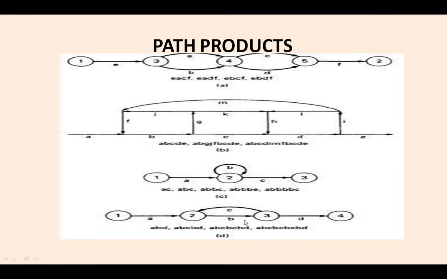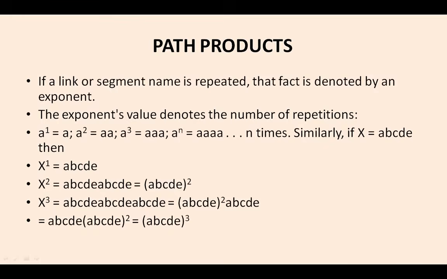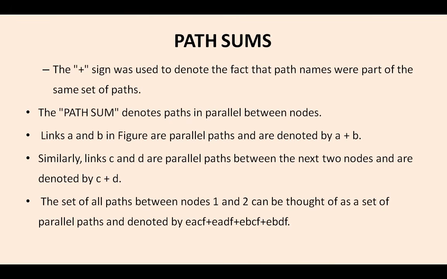Like that we can represent these as parallel paths. Whenever the phenomenon of either this path or that path comes, then we can represent these as parallel paths. Parallel paths can be represented with the plus symbol, and whenever you use plus symbols in between path products, that is treated as path sums.